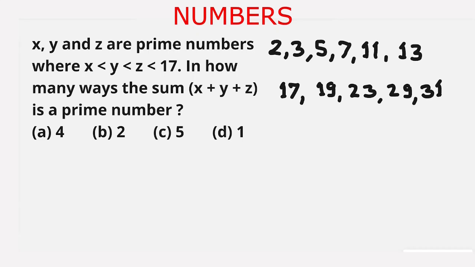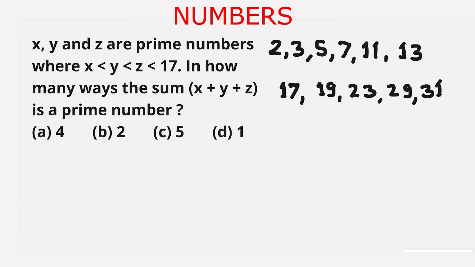Now these numbers 17, 19, 23, 29, 31 are all odd numbers, and the sum of three odd numbers can only be an odd number. So we cannot use 2 as the value of x, y or z.